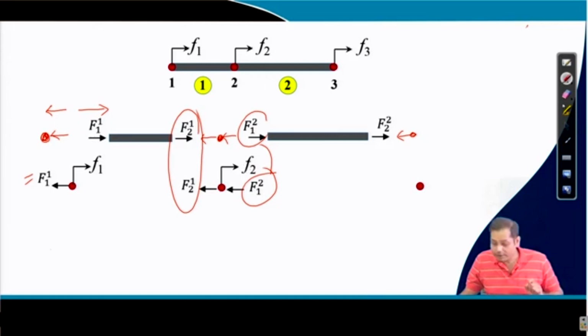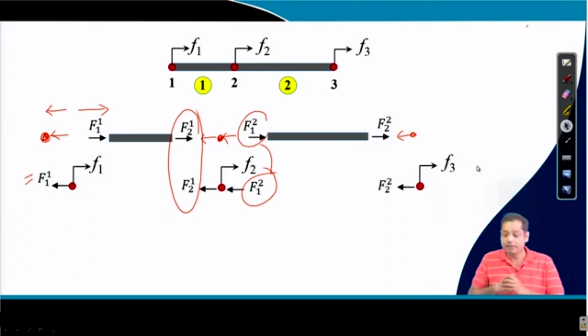Okay. Now similarly, if we draw the joint for this, the external force is F3, and then this is your internal nodal force. Now once we have all these free body diagrams, let us write the equilibrium equations for them.